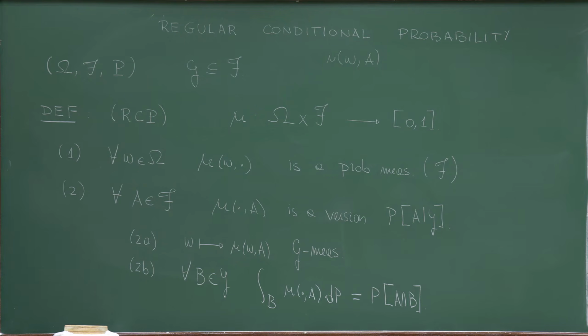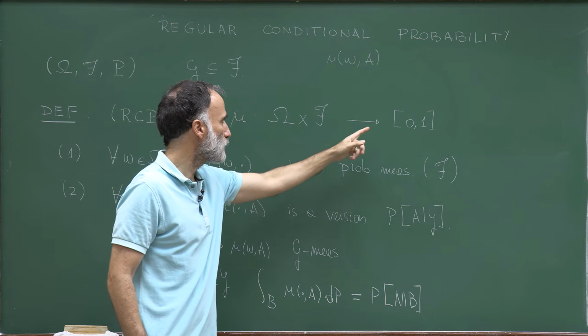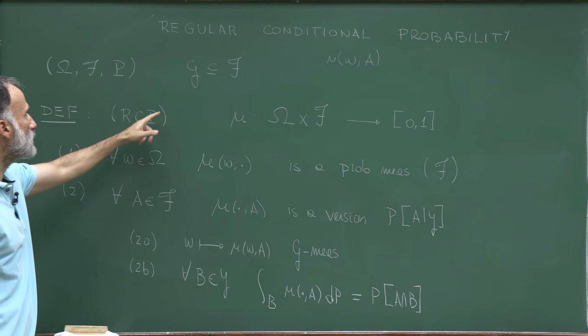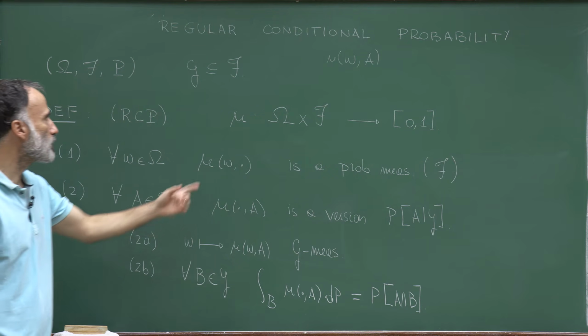So I will say that this function mu from omega times F to [0, 1] is a regular conditional probability given G. This is the name of this function.